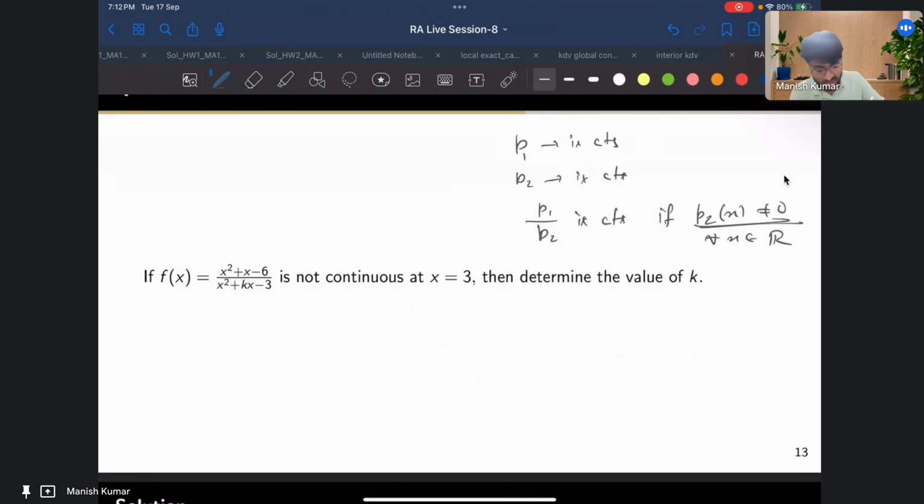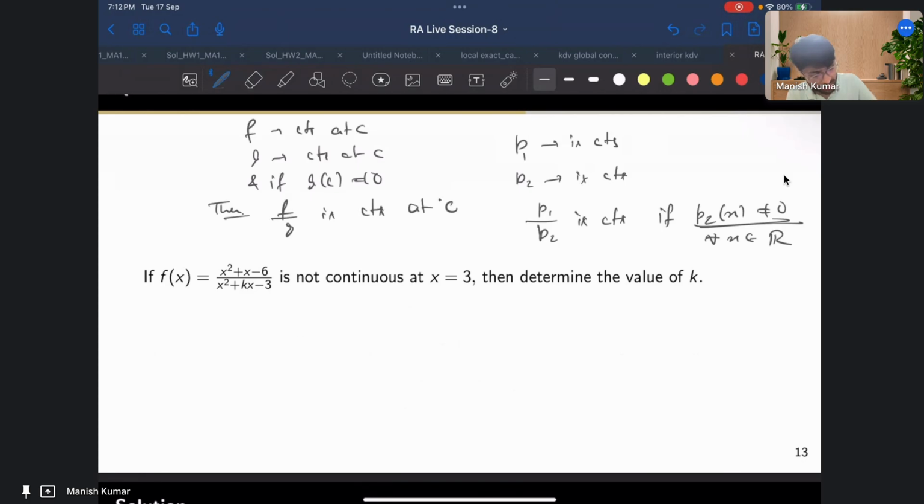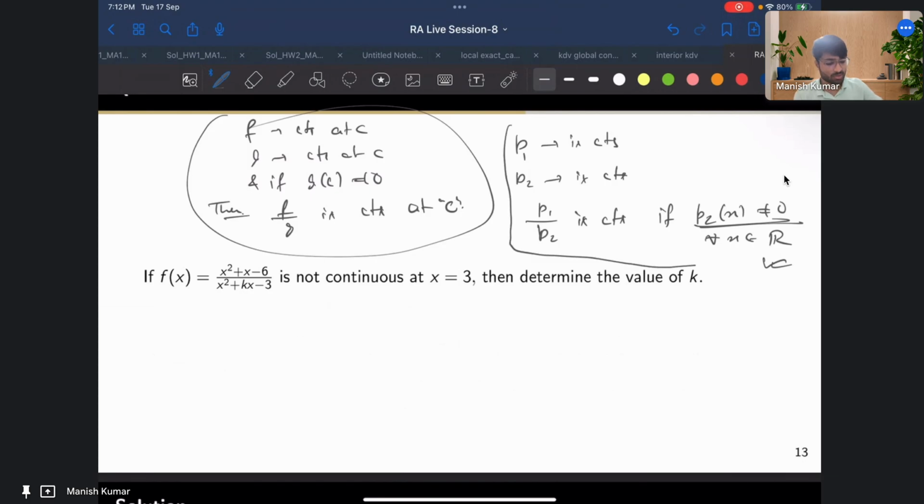You must have seen this result: f continuous at c, g continuous at c, and if g at c is non-zero, then f by g is continuous at c. I'm using the same result to tell you that this is true. This is a particular case where I'm taking p1 and p2 to be polynomials.